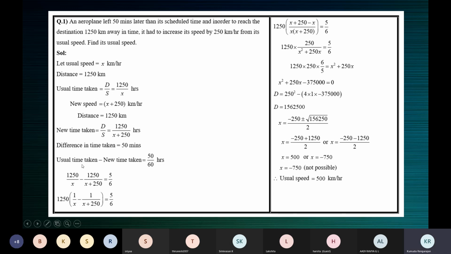And so usual time taken, this one, minus new time taken, this one, is equal to 5/6. I told you to take out 1250 common, because it's common in the numerator. Yeah, and then LCM, just have a look.